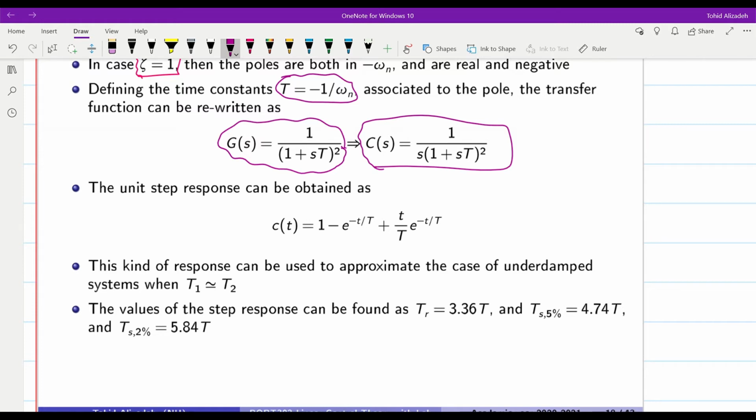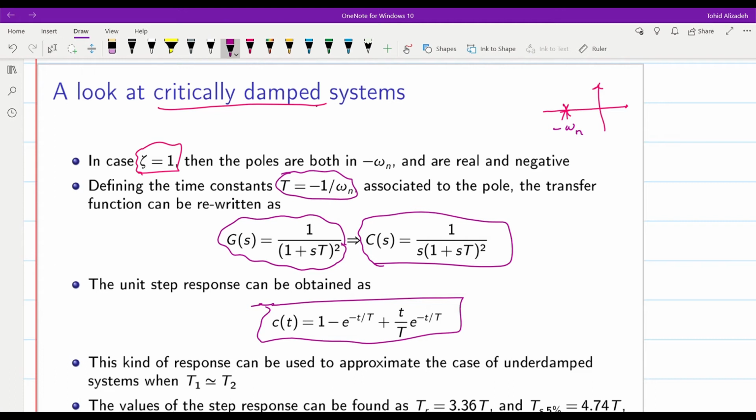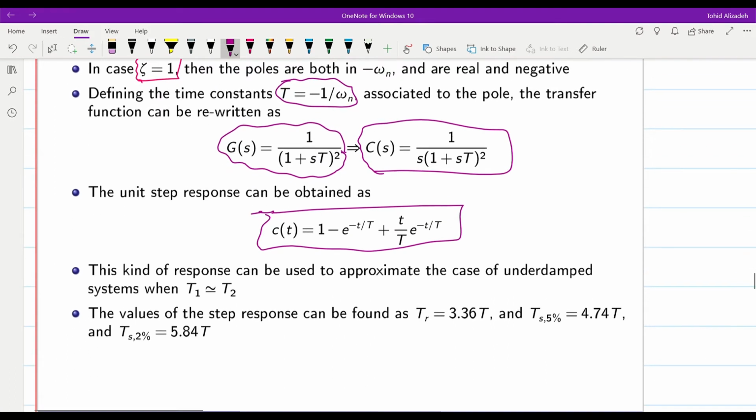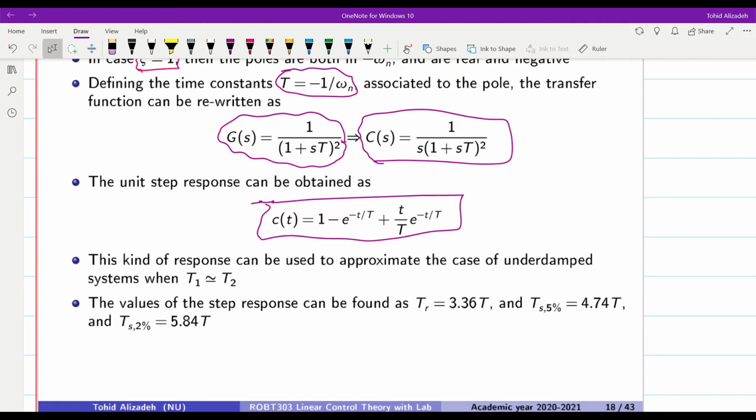And then we can find the step response for the system in the form of 1 minus e to the power of minus t over T, plus t over T times the exponential term. So this is what we get for the critically damped systems when the poles are at the same location.